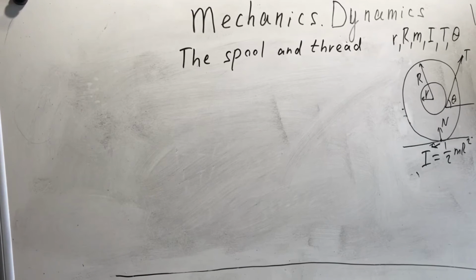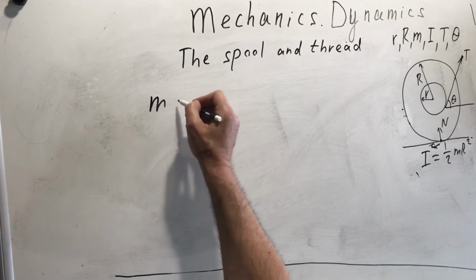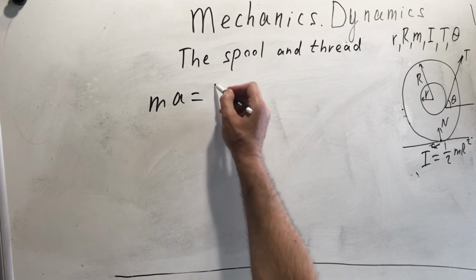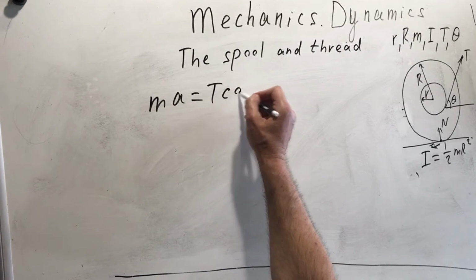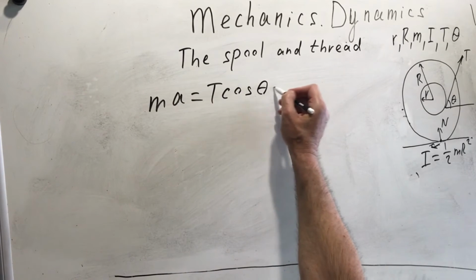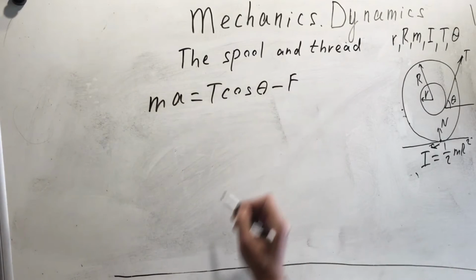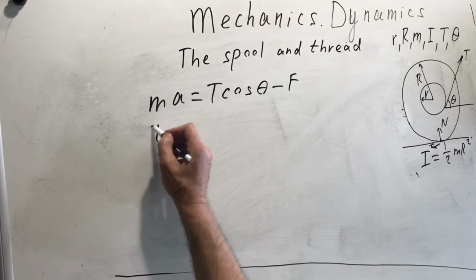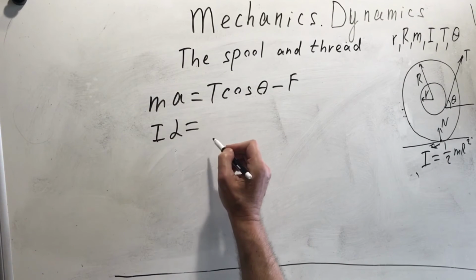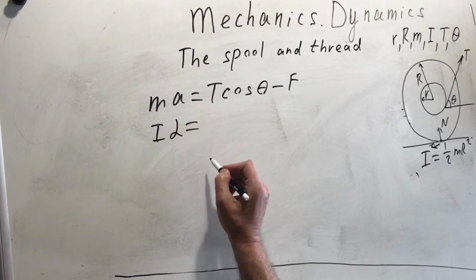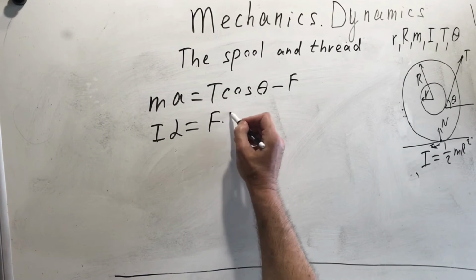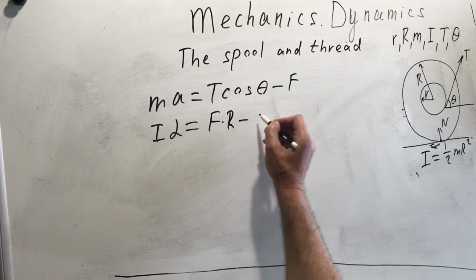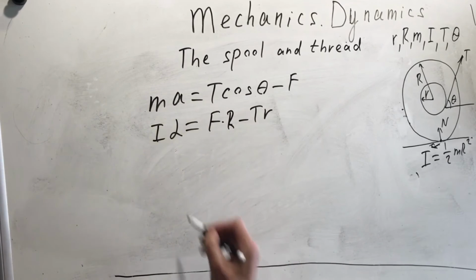Now suppose that tension T is big enough that we have sliding. Again, we have formulas. ma equal T cosine theta minus force of friction, and we have I alpha equal F big R minus T small r.